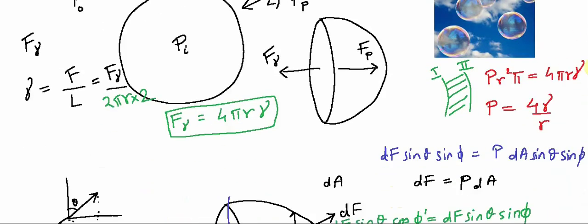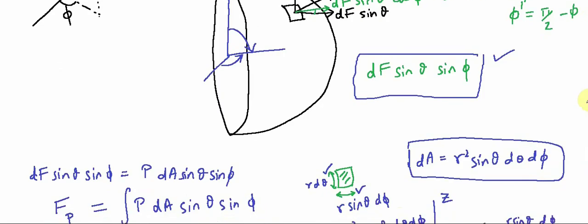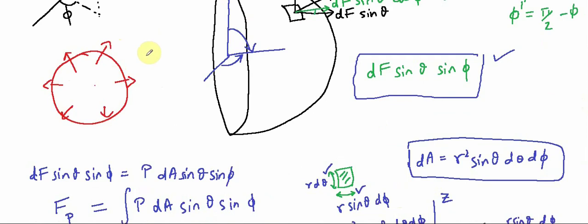Let me quickly explain why minus P naught is there. Assume that this is the sphere. Then the pressure inside is acting outward everywhere throughout the sphere. And if there is a pressure outside, then it is trying to cancel the effect of the pressure inside.